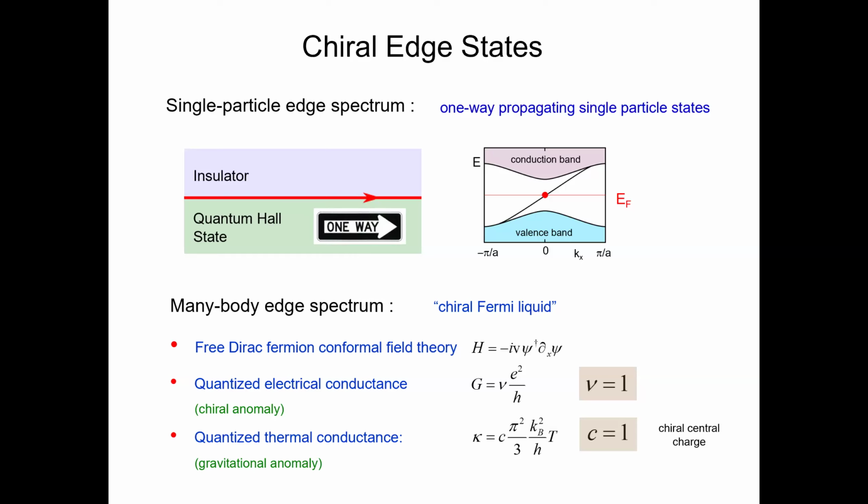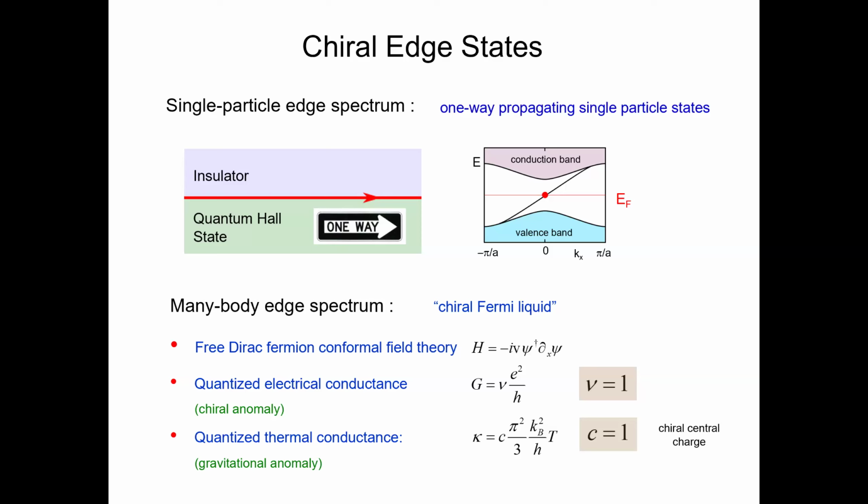Now again, I want to emphasize that there are two levels that you can think about this phenomenon. You can think about it on the level of single particle quantum mechanics, where we solve the Schrodinger equation and get our energy eigenvalues, which are in the valence band or the conduction band. These states all have wave functions, and then there's going to be a single band of states that connects the conduction band and the valence band.